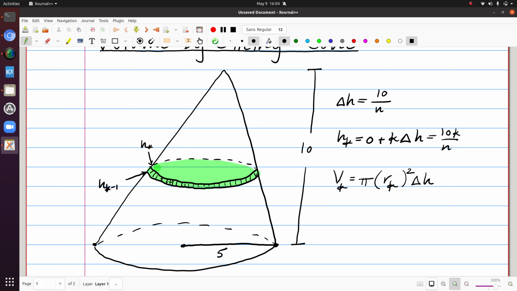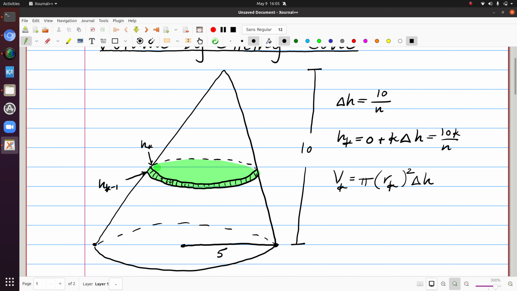But of course, this isn't a hemisphere, so there's got to be something that changes. And that comes in this next part. Just like we saw in the hemisphere example, notice that there's a relationship here between h_k and the corresponding radius. The radius of this top green circle is smaller than the radius of the bottom. So as h_k gets larger, I should expect the radius to get smaller.